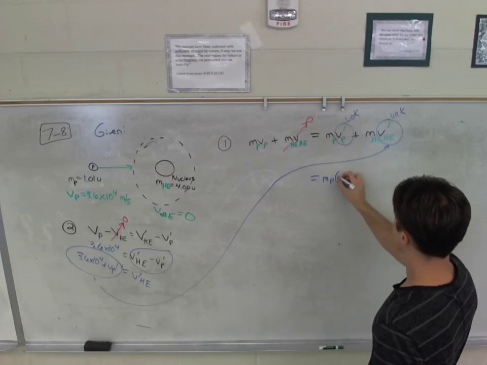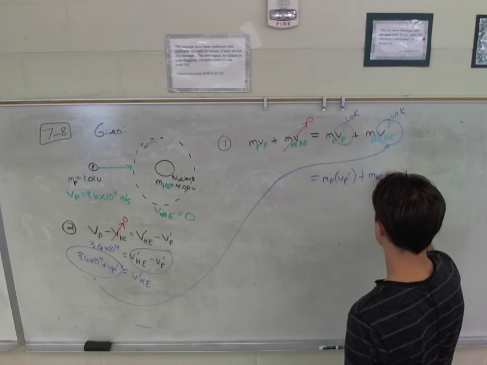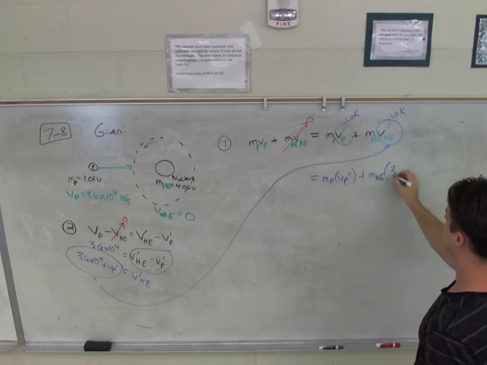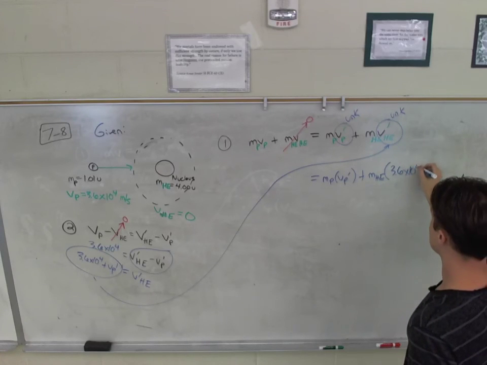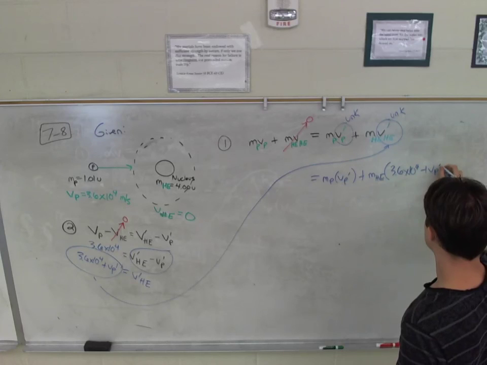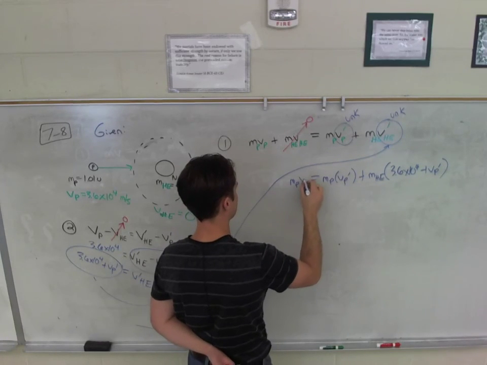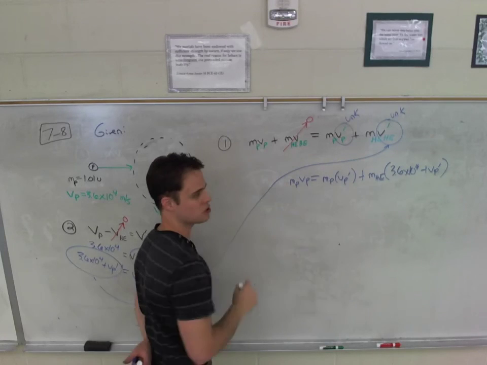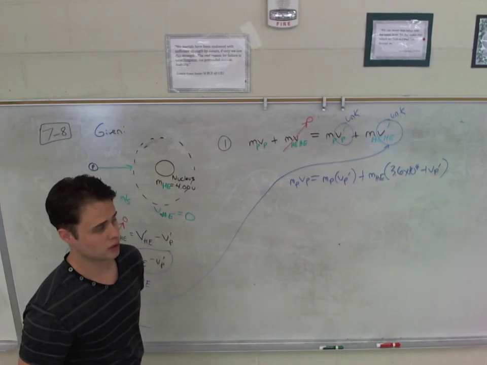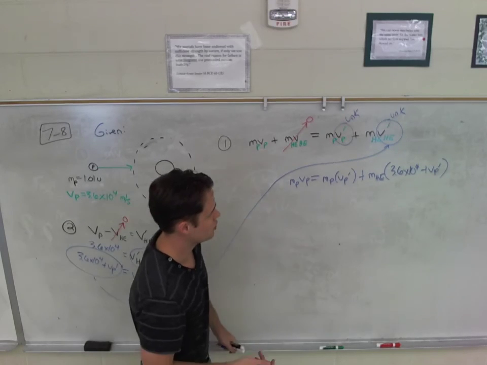Okay, so VP prime plus M helium, and now we can put 3.6 times 10 to the 4th plus VP prime. It's just ugly looking stuff. Don't let it really flip you out. Once again, what's this over here? It's just a number. You know the mass of that, you know the velocity there, so don't let it freak you out.